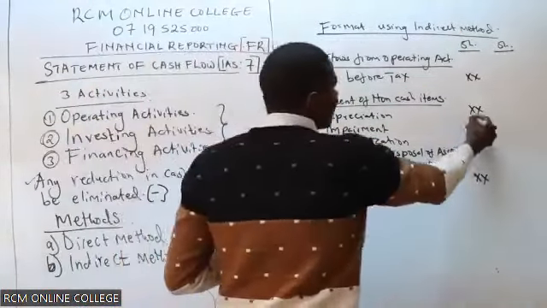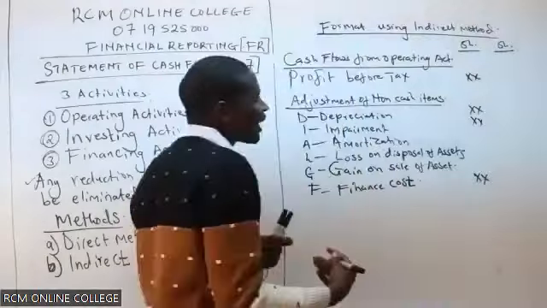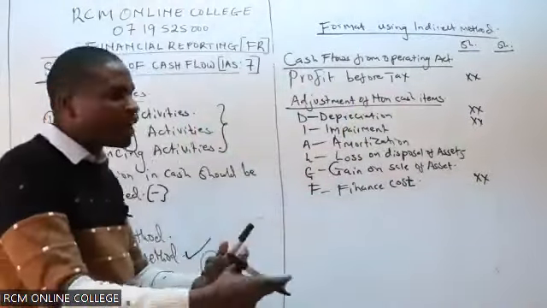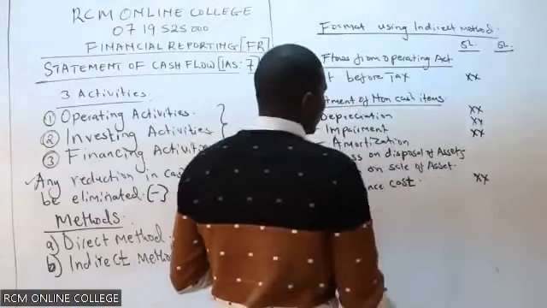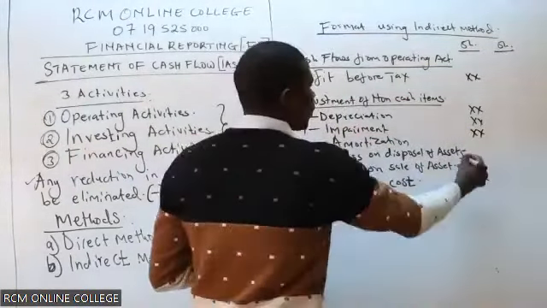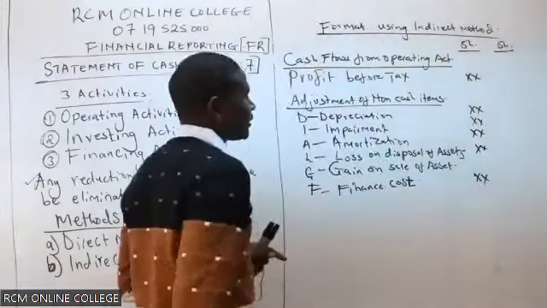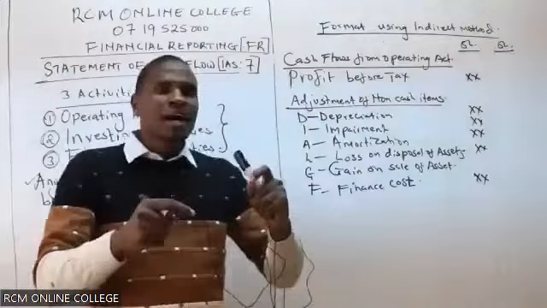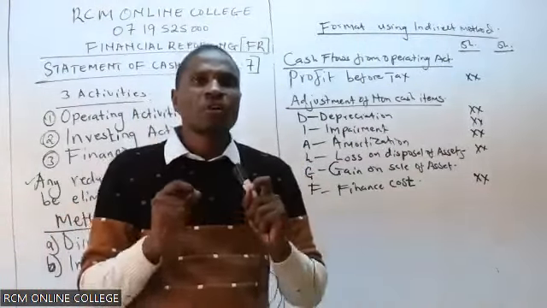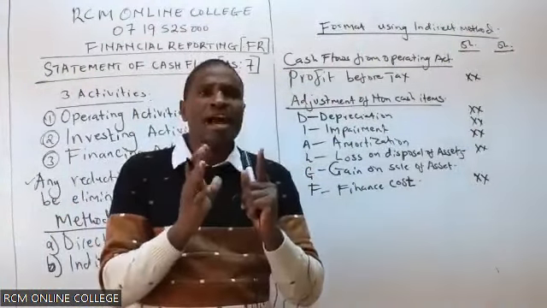Impairment is a reduction of value of a non-cash item. Reduction of value. Therefore, also we do add. Loss is subtracted, so we add. What about gain? Gain on sale of asset. Remember, for the gain on sale of asset, we usually take it as an income.